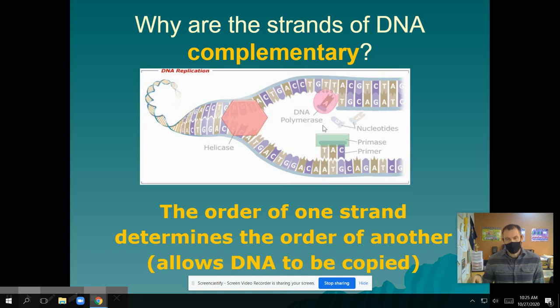With an I. This is complement with an E. Complementary means that two things go together, like peanut butter and jelly, like they need each other. So base pairs are complementary. T is complementary to A. C is complementary to G. It just means they go together. Complementary.